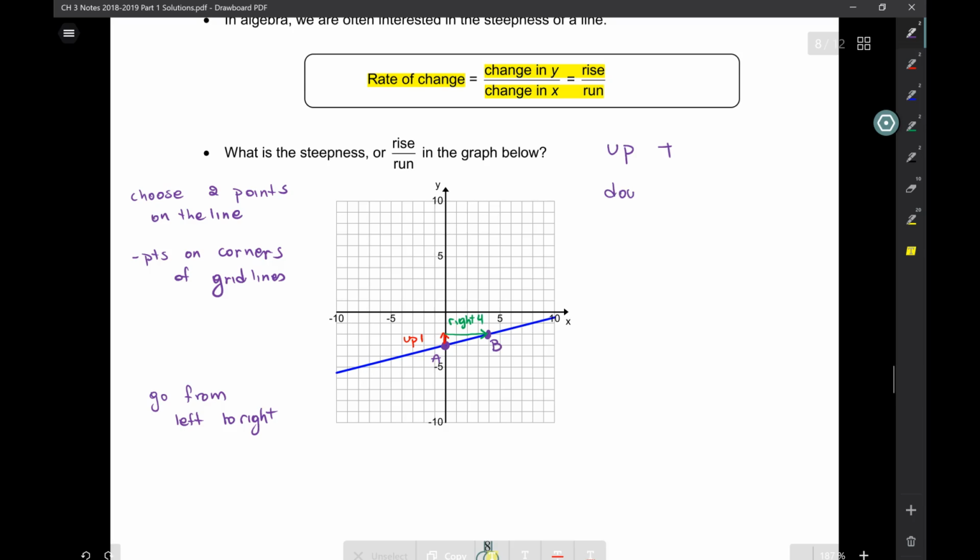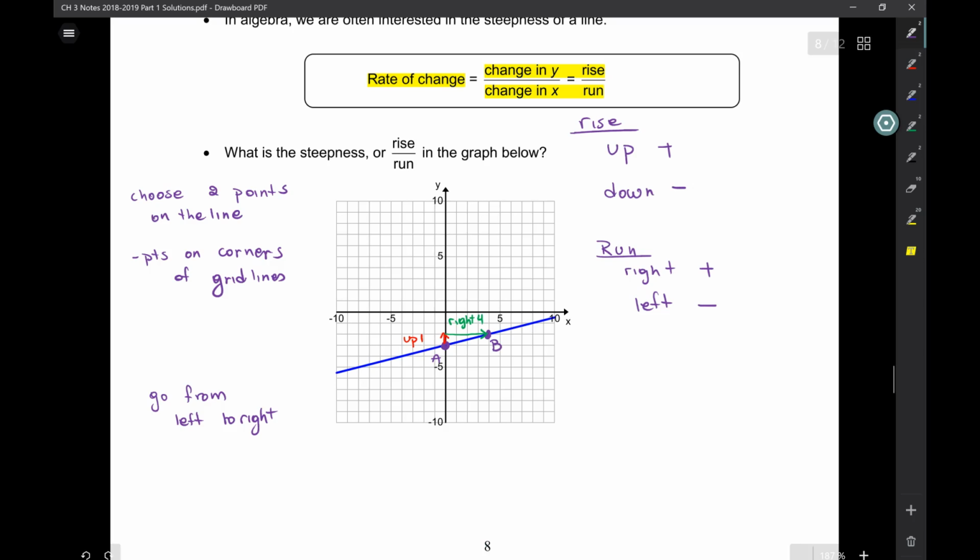Every time you go down, that's a negative. This gives you the rise. So the rise is whether you go up or you go down. The run is whether you go right or left. Right is positive, left is negative.